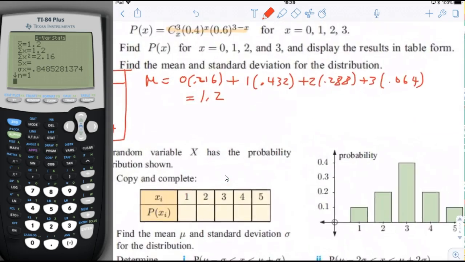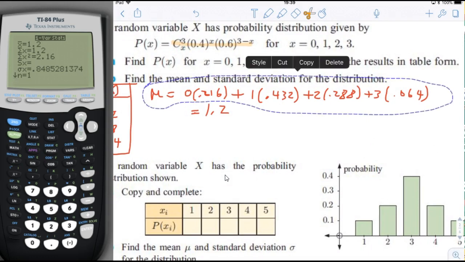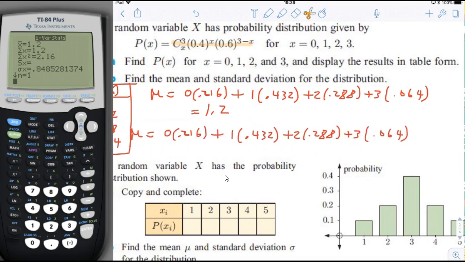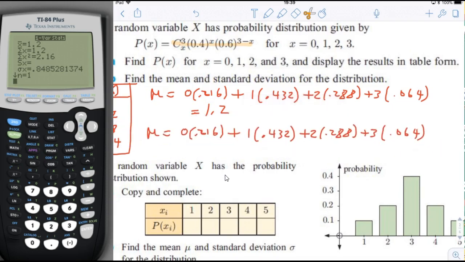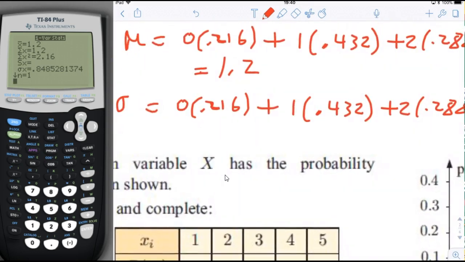It looks very similar, so I'm just going to borrow this and put it here. Then I'm going to erase the mu because it's no longer mu. Now it's going to be sigma, and as part of sigma, I need to put a square root sign over it.